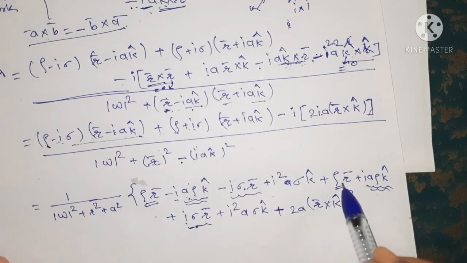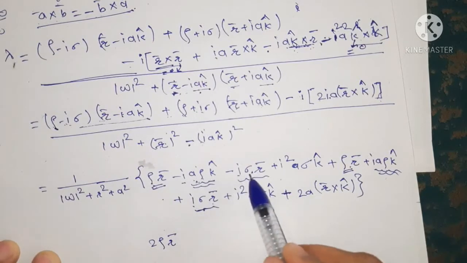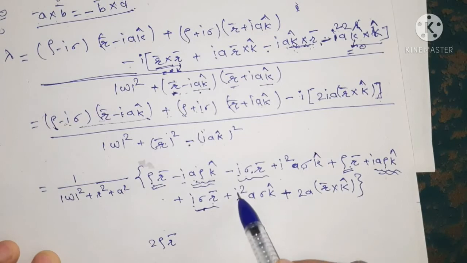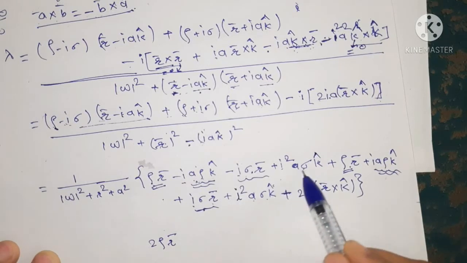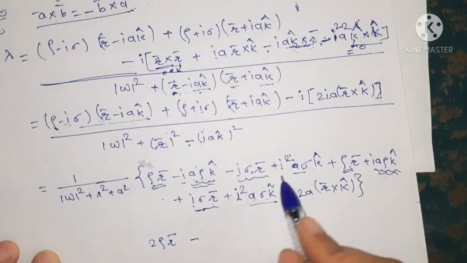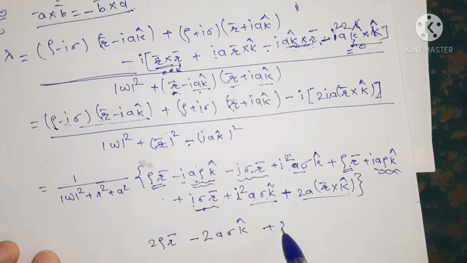So rho r bar plus rho r bar is twice rho r bar. Also I square sigma k cap is here, and here also I square a sigma k cap, these terms are equal. Okay, so I square is minus, so minus gives plus here, so minus twice a sigma k cap, plus this term is remaining, so twice a r bar cross k cap.